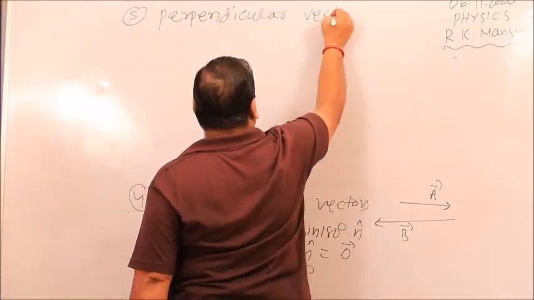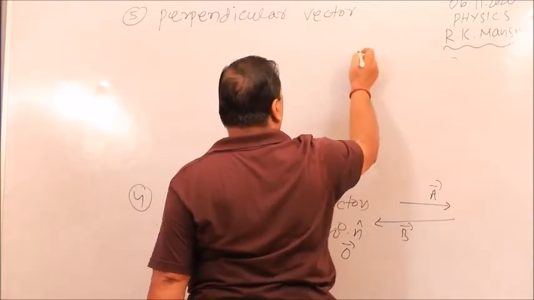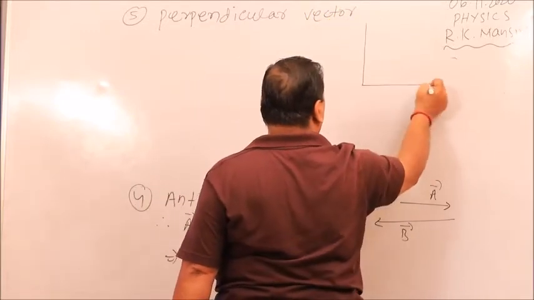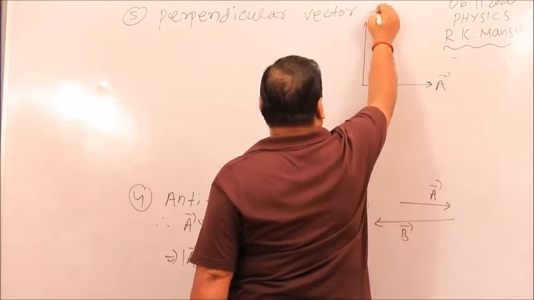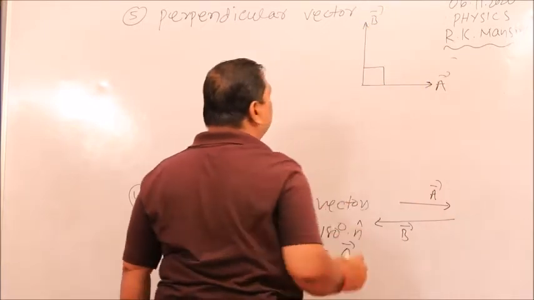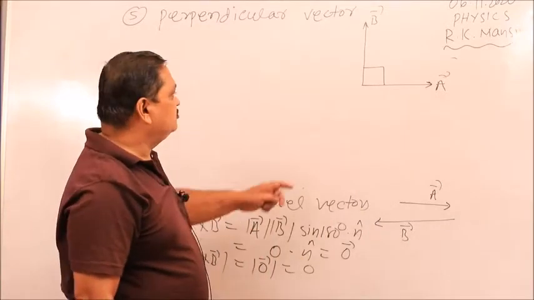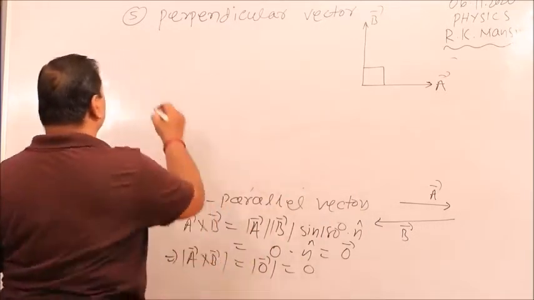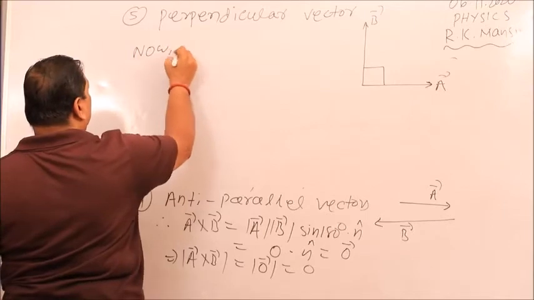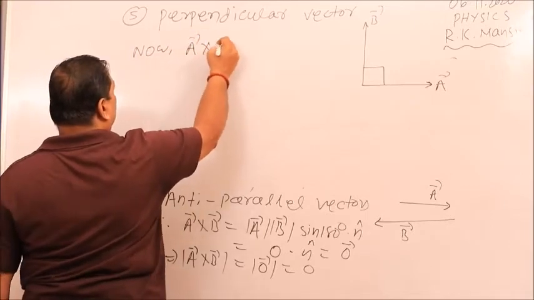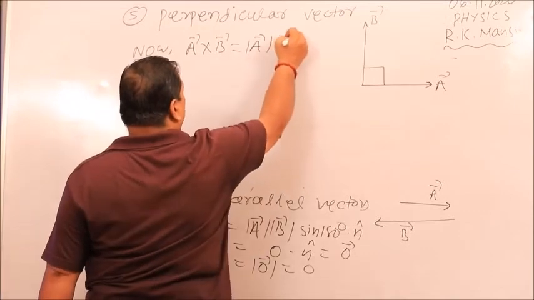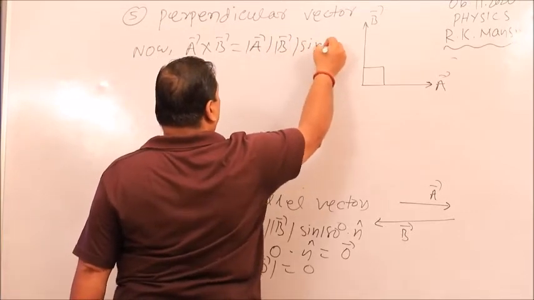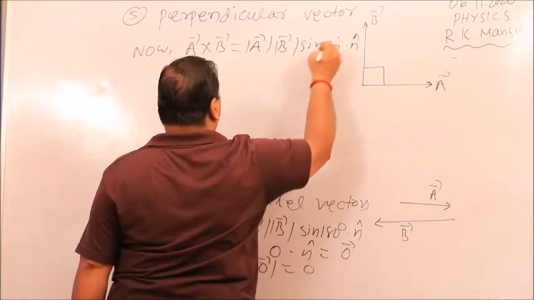Perpendicular vector. Both vector A and vector B are perpendicular to each other, so angle between them is 90 degree. Now A cross B equal to modulus A modulus B sin 90 n cap.